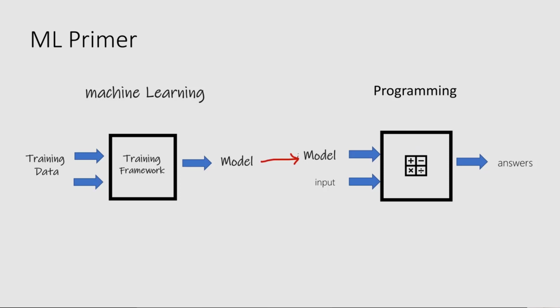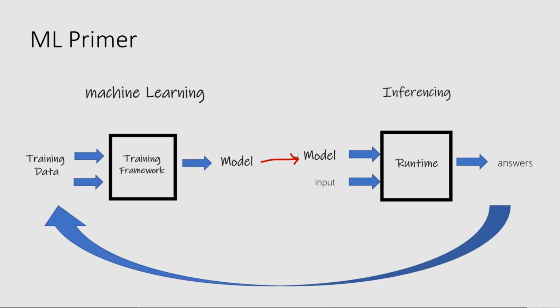The model we would use to replace our algorithm, and then it closes the loop and we are able to integrate it with our programs. In machine learning world, that's what we call inferencing. And then you would need an inferencing runtime in order to use that model. And then, of course, it's a feedback loop to improve your machine learning model.